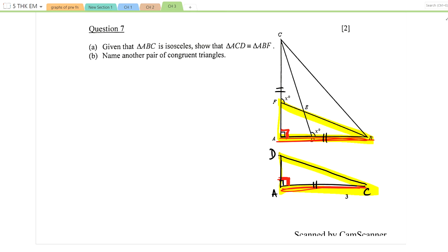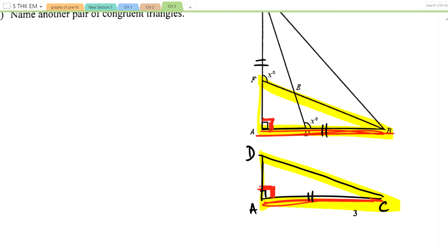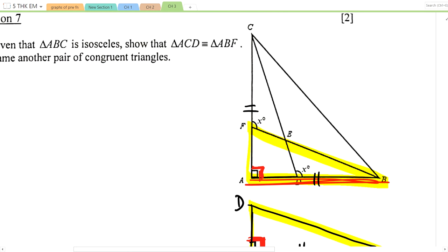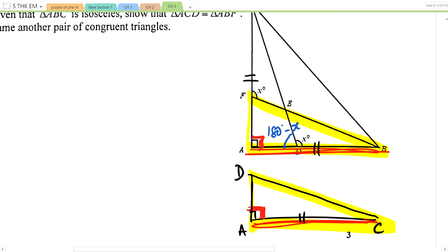Okay, which angle do you want to find out? What's the name of the angle? CDA. Okay, so Junior wants to find this angle. This is 180 minus X.